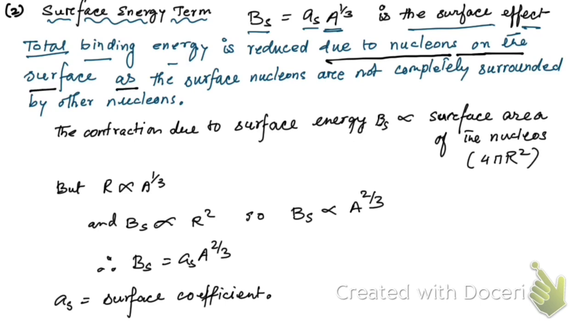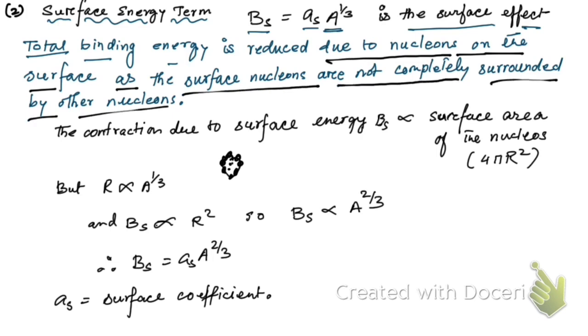The nucleons on the surface are influenced by the internal nucleons only. Outside the nucleus there are no other nucleons, right? Because the surface nucleons are not completely surrounded by other nucleons.